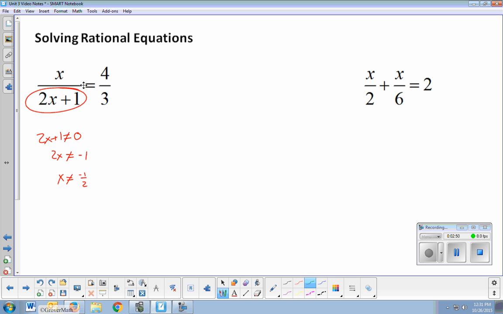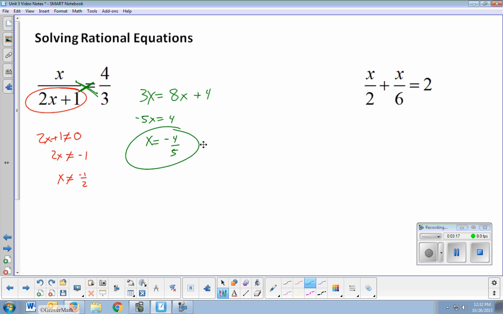All right, so let's see here. Cross product. The cross product of 3 and x is 3x. The cross product of 4 and 2x plus 1 is 8x plus 4. I can subtract 8x, get negative 5x equals 4, and divide by negative 5. So x equals negative 4/5 when I do the division, and that's my answer.